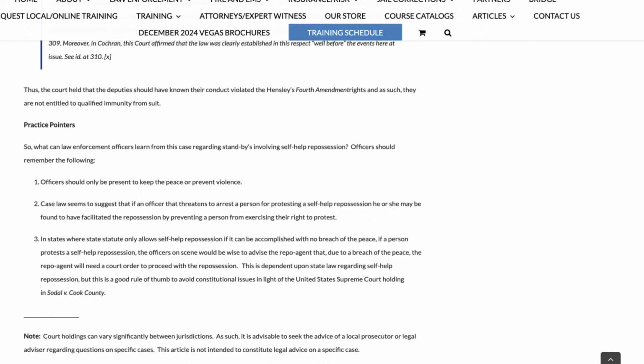In states where state statute only allows self-help repossession if it can be accomplished with no breach of peace, if a person protests a self-help repossession, the officers on the scene will be wise to advise the repo agent that due to a breach of peace, the repo agent will need a court order to proceed with the repossession. This is dependent upon state law regarding self-help repossession, but this is a good rule of thumb to avoid constitutional issues in light of the United States Supreme Court holding in Soldal versus Cook County.